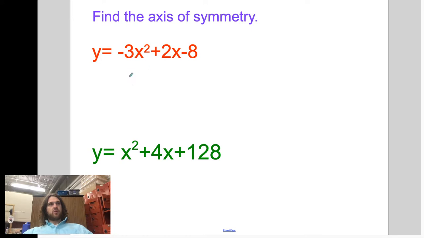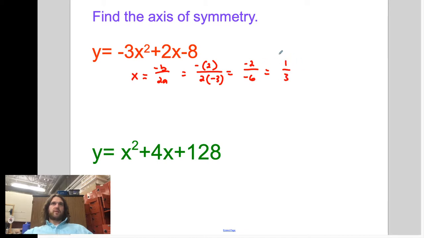It's the line x equals negative b over 2a. So we're going to plug in those values. That will be negative 2 divided by 2 times negative 3, which is negative 2 over negative 6, which simplifies to 1/3. Both are negative, and a negative divided by a negative is a positive number. So our axis of symmetry is the equation x equals 1/3.